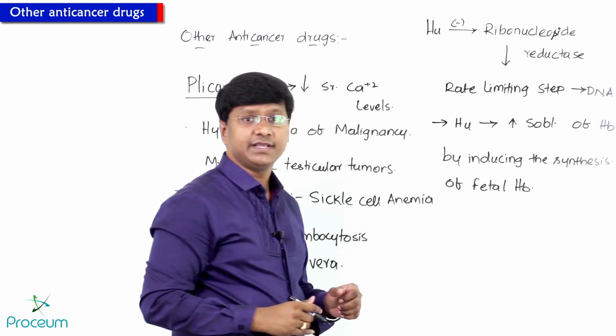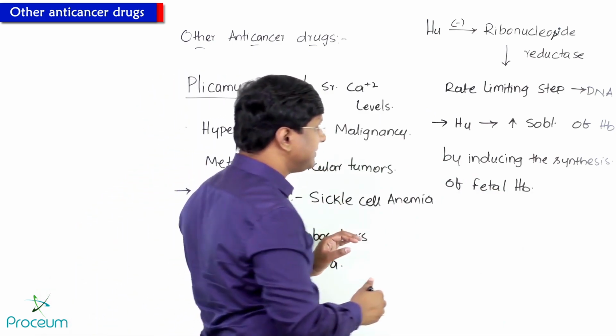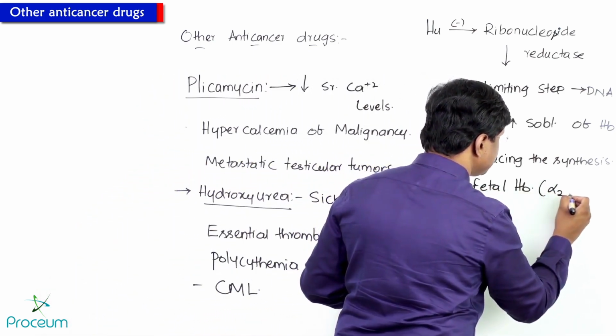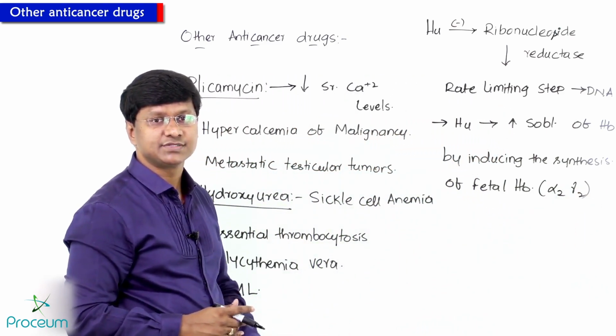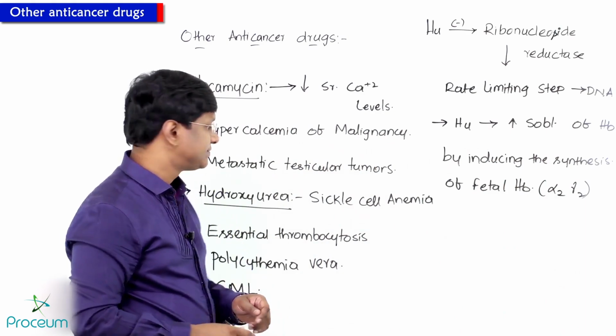Now what does fetal hemoglobin contain? Fetal hemoglobin contains alpha 2 as well as gamma 2 chains.